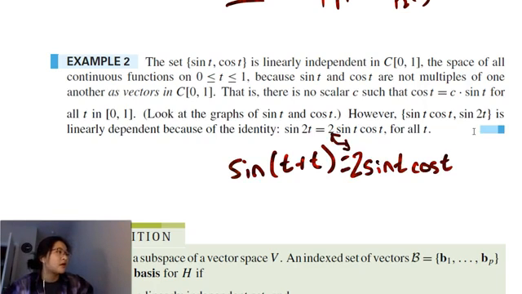So, why are we talking about linearly dependent things? Well, for a basis, we need the minimum amount of information to completely get to everything in our space.